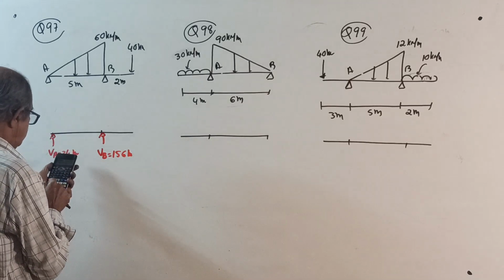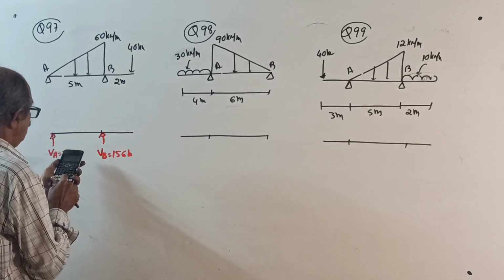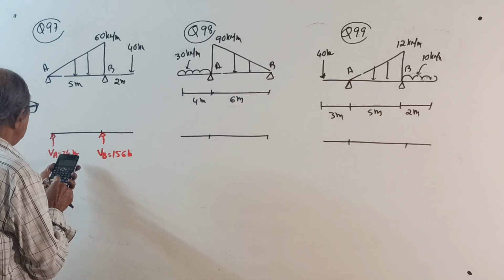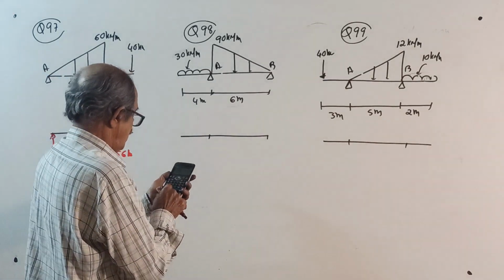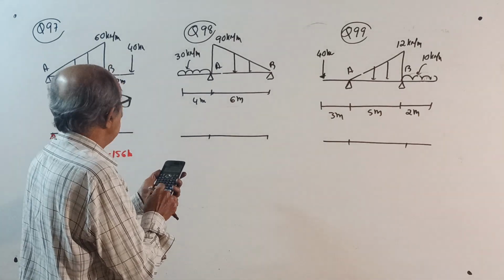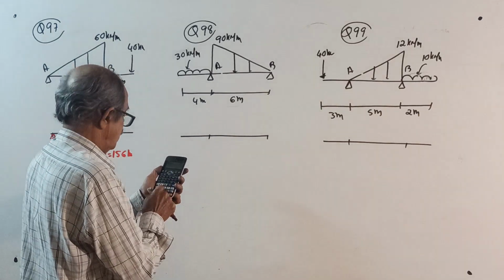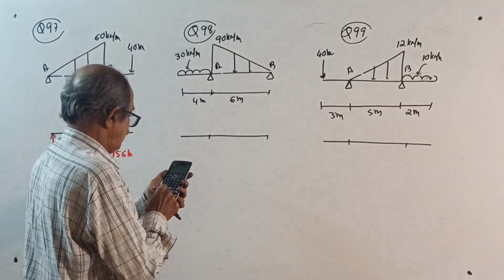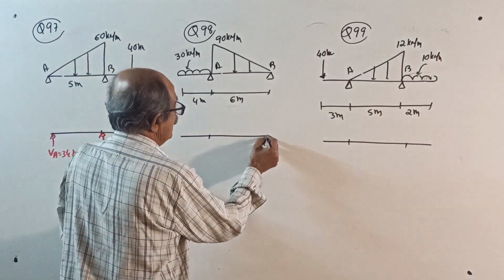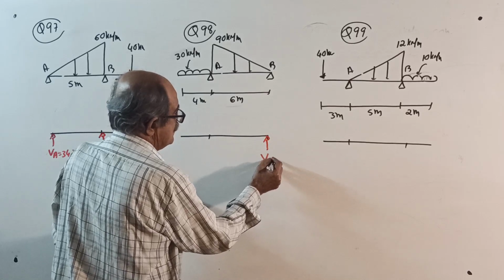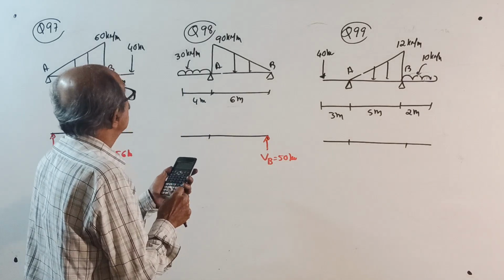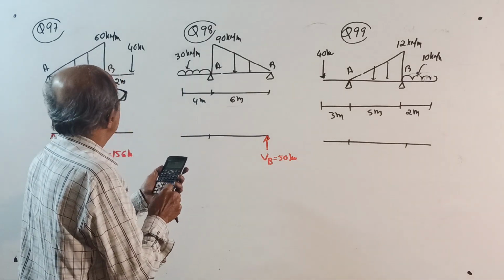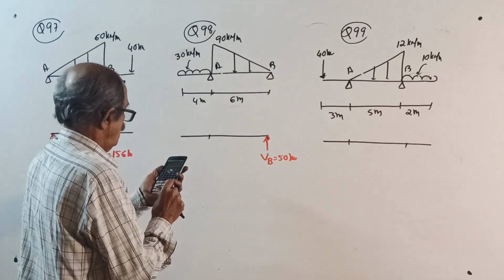Half into 5 into 60 into 1 by 3 of 5 minus 80 divided by 5. Perfectly correct. Here 90 into 3 into 2 minus 30 into 4 into 2 divided by 6. 50 kilonewton VB. Minus 90 into 3 minus 30 into 4.